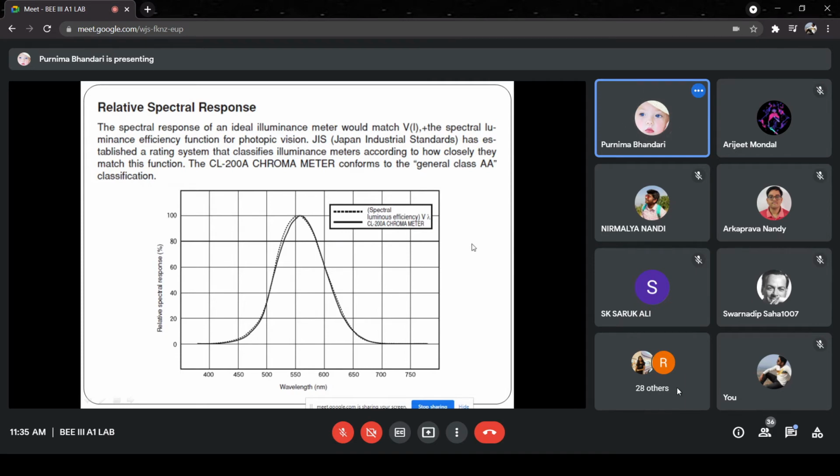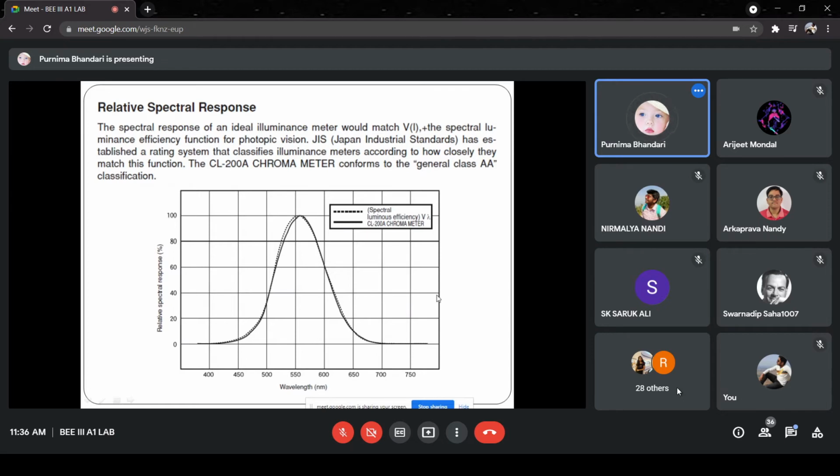For photopic vision, the peak is at 555 nanometer. When light is radiated in this region, we can visualize more comfortably and clearly. If the light is in other regions, the response of our eye will be less and not so good.